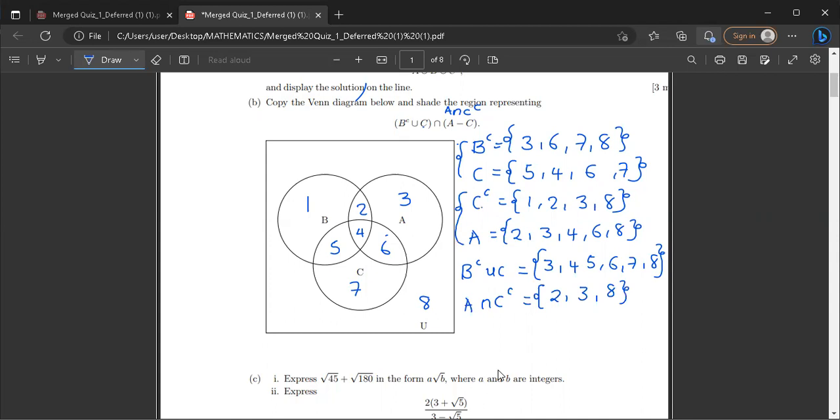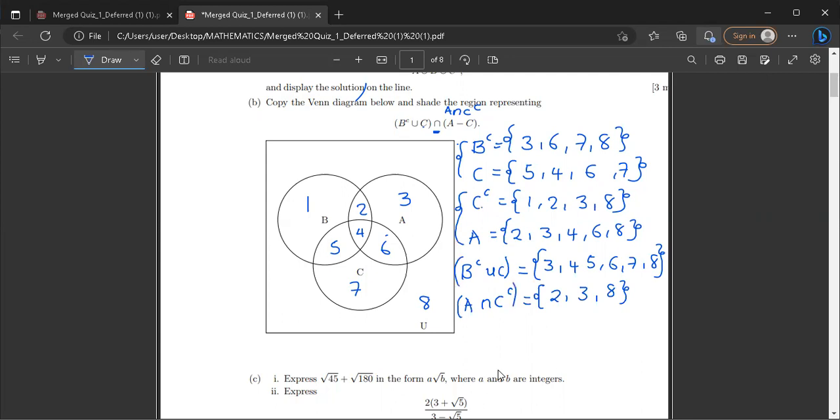Now the question is telling us B complement union C, which is what we found, and then A intersection C complement, which is this. So the operation in the middle here is intersection. What is found in this set and is also found in this set?